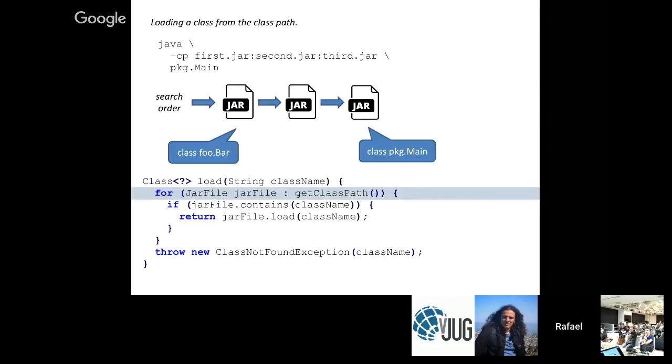So if two modules, two jar files, contain the same class, foo.bar, then only the first one will get loaded. And this is, speaking again about security, an actual potential attack you can run on a JVM. You can just sneak in a jar file somewhere, or you have a library and you just add a jar file in a different package, like foo.bar.